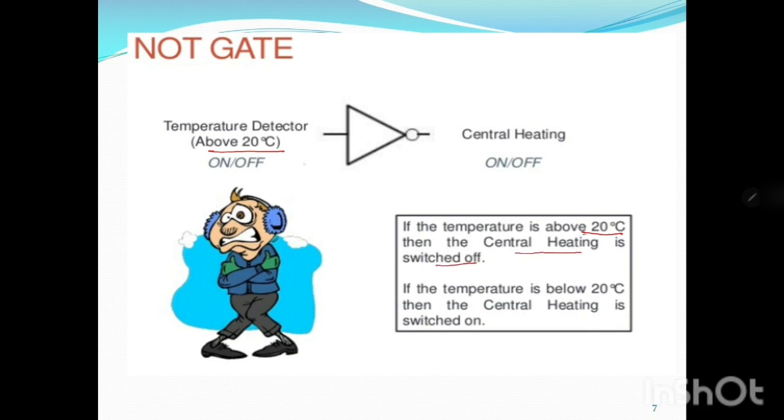Means input is high, output is low, we have to switch that central heating off. When your temperature is below a certain level, means when input is low, in that case we have to switch this central heating on. Logically, we say input is high, output is low, and when input is low, output is high.